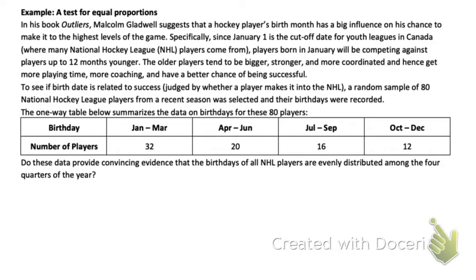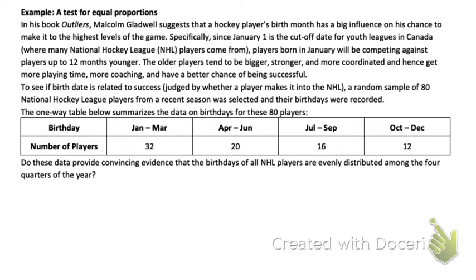All right, so if you look at this, these are the observed values. This is what actually happened when we took our data. And if we assume that the birthdays are evenly distributed, and we took a sample of 80, how many should we have expected to see in each of these 4 categories?